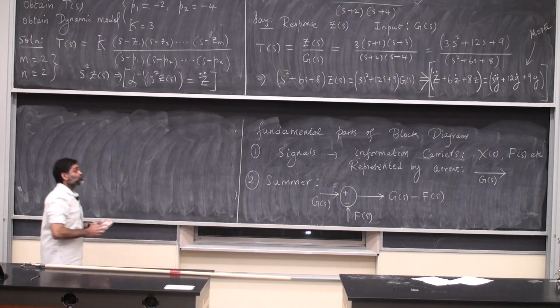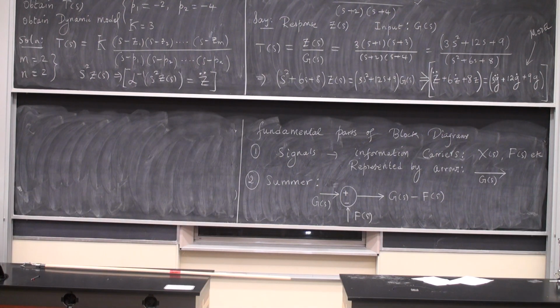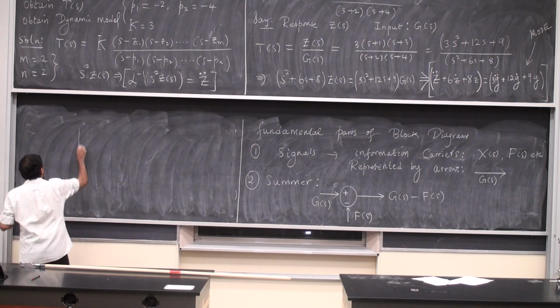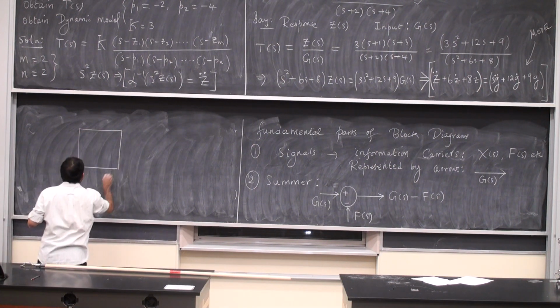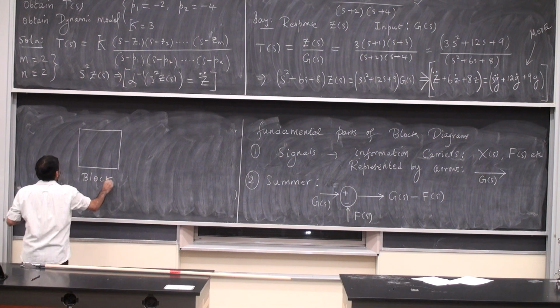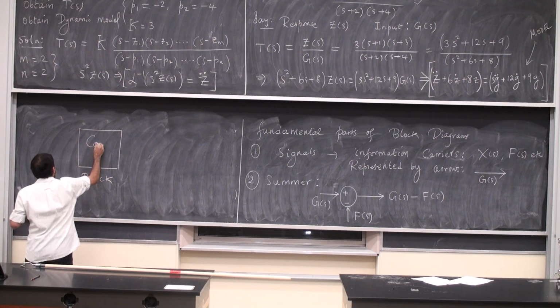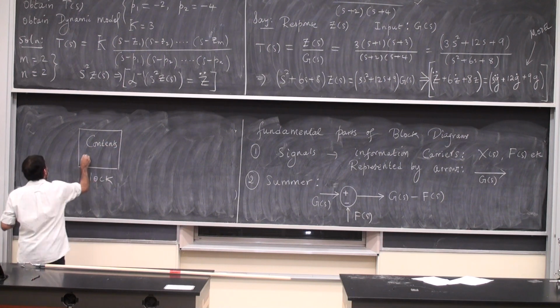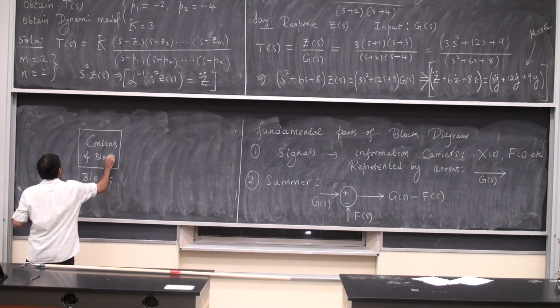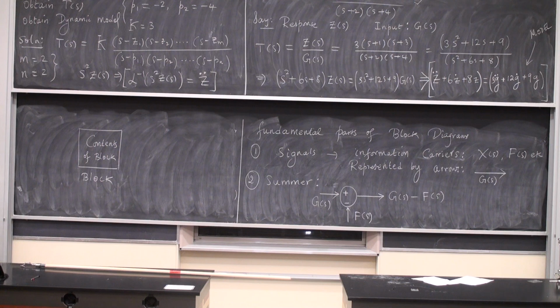The most important component of a block diagram is the block itself. Inside the block you have the contents of the block. You will have an input signal coming to the block.